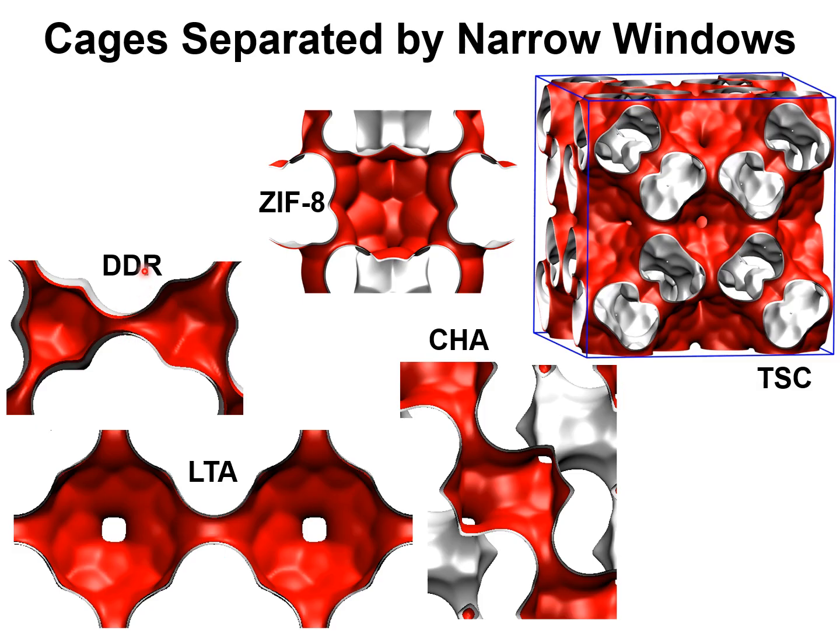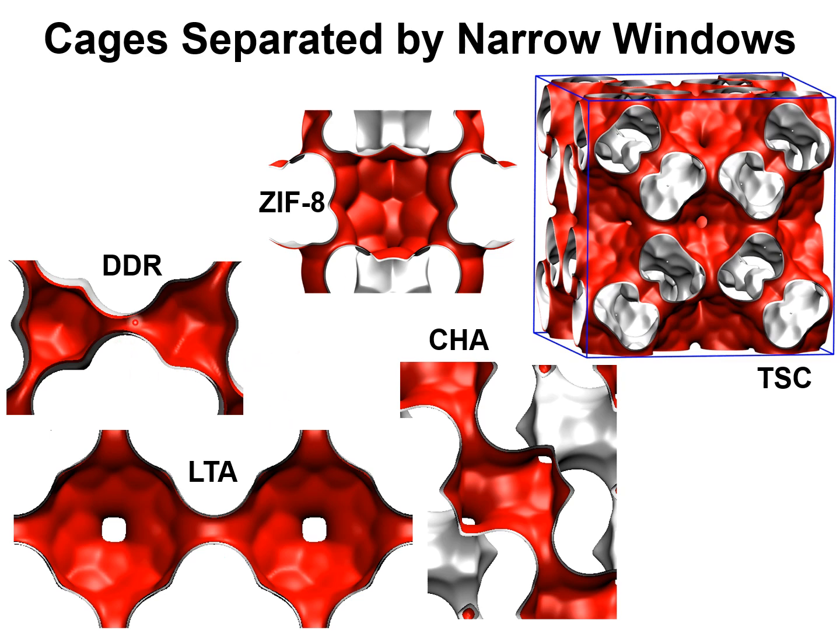I have here DDR zeolite, LTA zeolite, LTA stands for Linde type A, Chabazite, TSC zeolite that consists of the largest cages, and ZIF8 that has flexible windows of 3.3 angstrom.